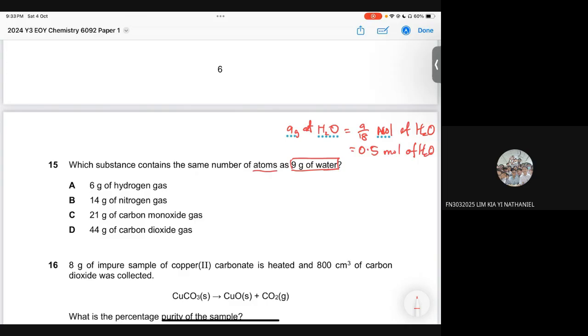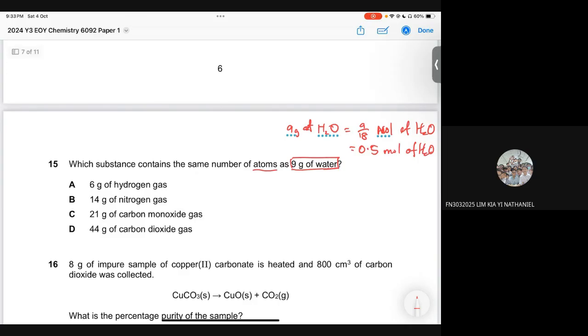Okay. Now I know that there's 0.5 mole of H2O. In case some of you are asking where 18 is from, 18 is the MR of water. Now, one molecule of H2O actually contains 3 atoms, 2H plus 1O.